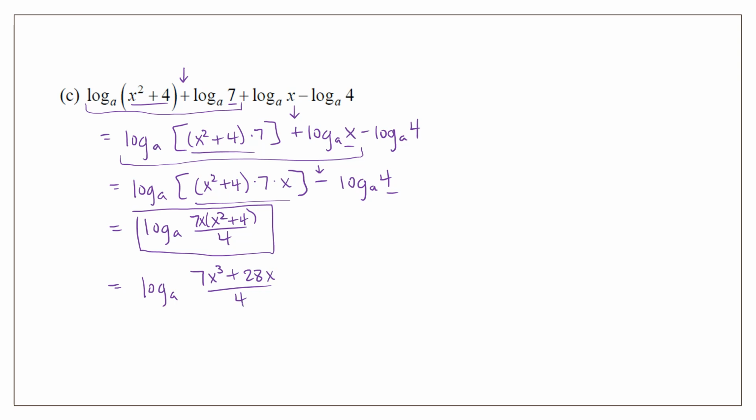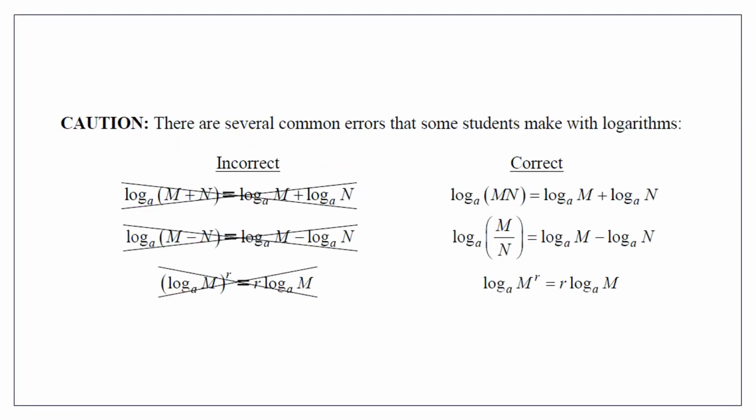Okay. All right. So some things to caution yourself when working with logarithms. There are several common errors that some students make with common logs. They think that the log base A of m plus n is equivalent to log base A of m plus log base A of n, which is incorrect.